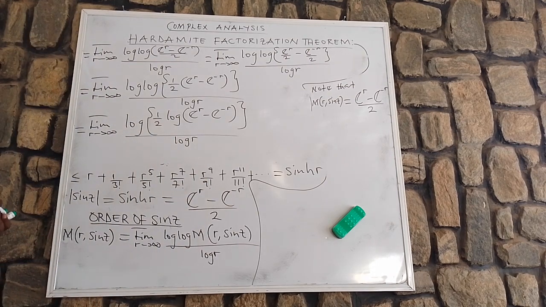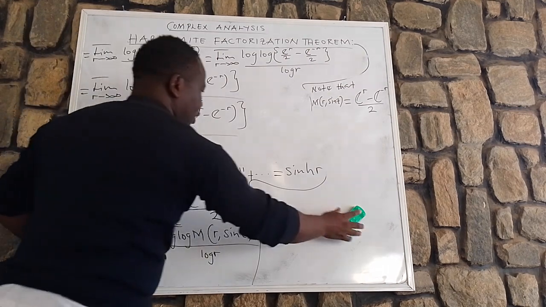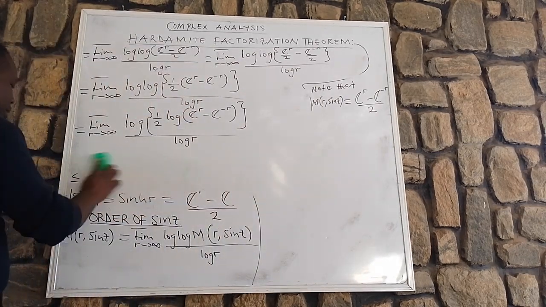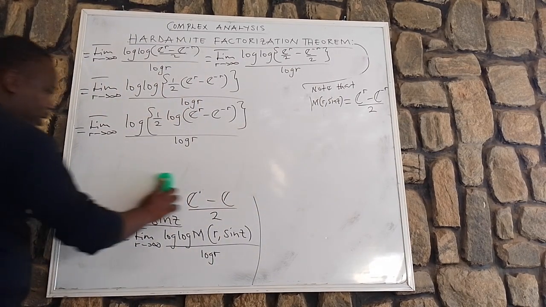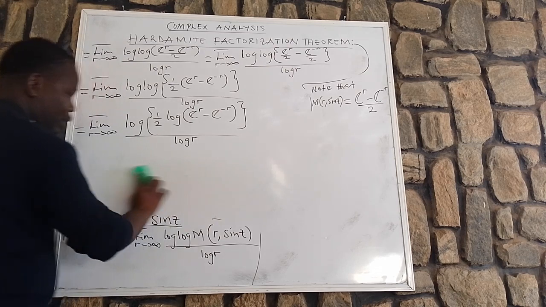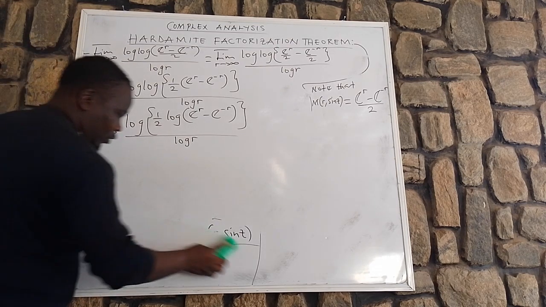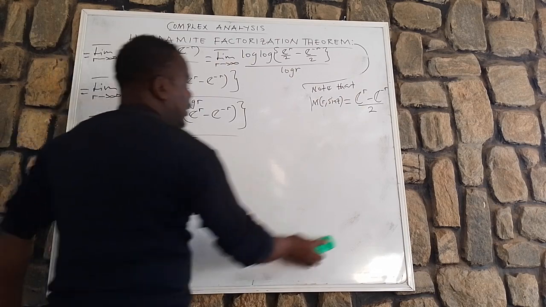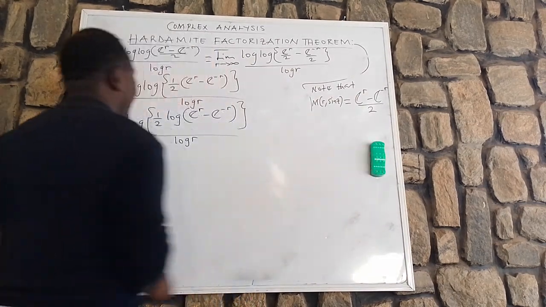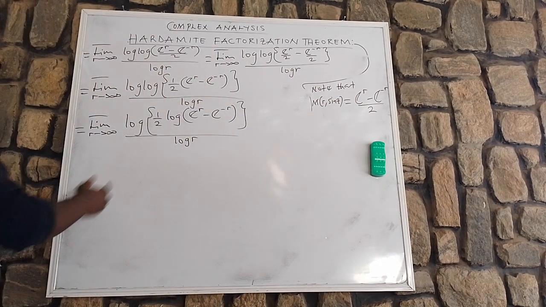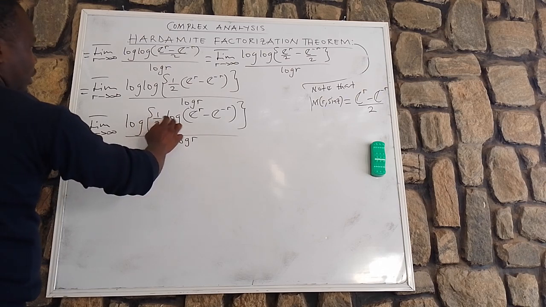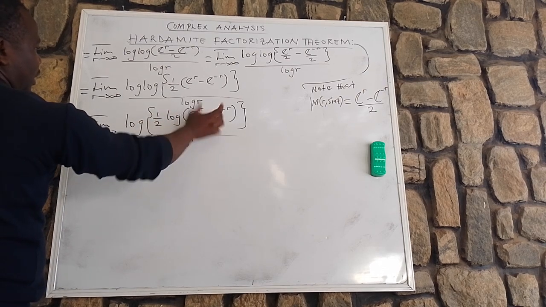Amen? I'm just breaking it down for you people to understand, most especially for those that always find it difficult to understand. That is why I'm breaking it this way. So we are going to multiply out this bracket.